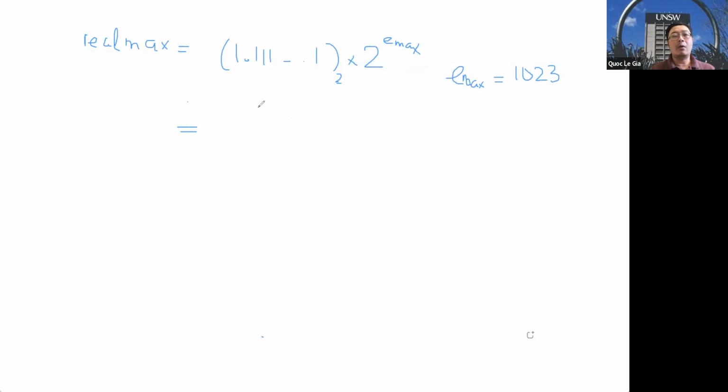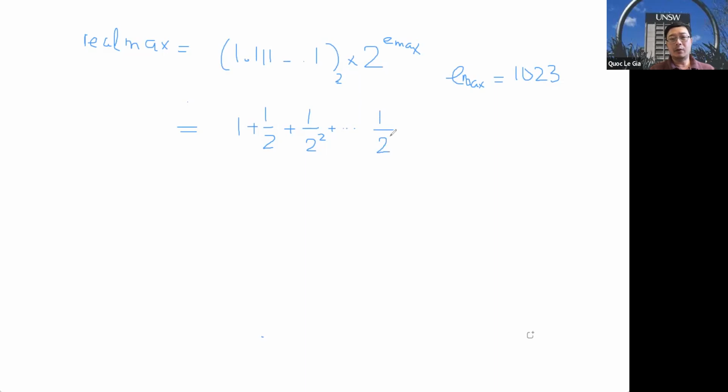So now if I use this, I get 1 plus 1/2 plus 1/2 squared plus dot dot dot. Remember, I am representing this in terms of decimal. What is the last term? What is the power of the last term? How many digits do we have? 52, yeah.